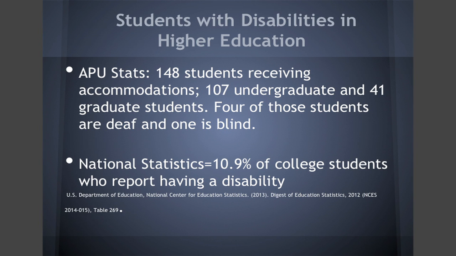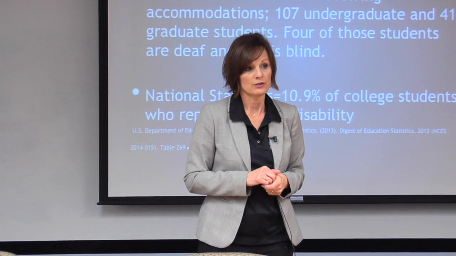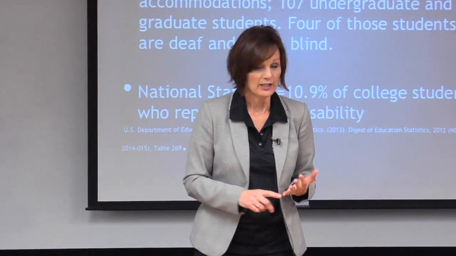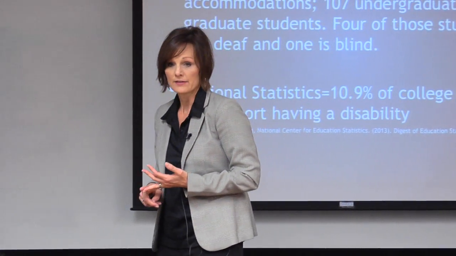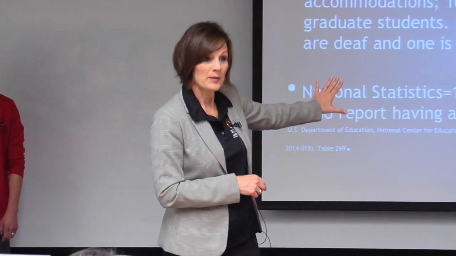Okay, so at APU right now we have about 148 students who are registered for accommodations. 41 of those students are graduate students. 4 of those students are deaf. 1 student is blind. We have other students with hearing limitations and other visual limitations. This number does not represent the total number of students with disabilities at APU.